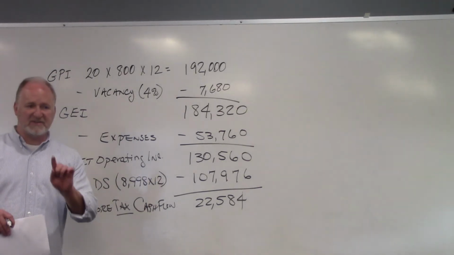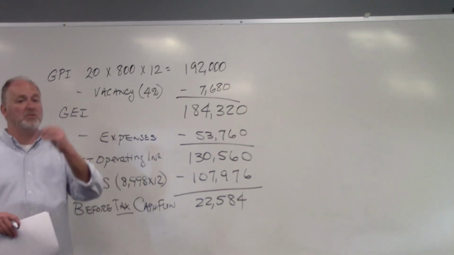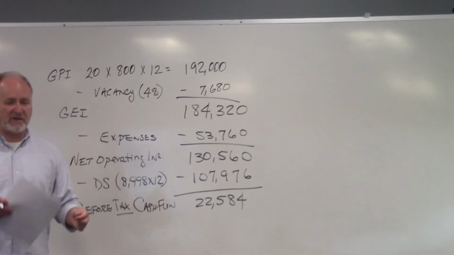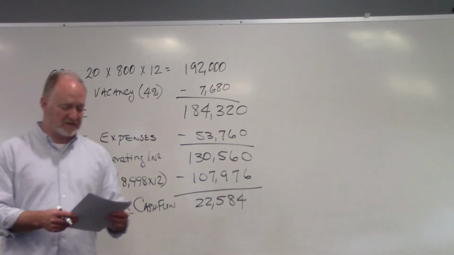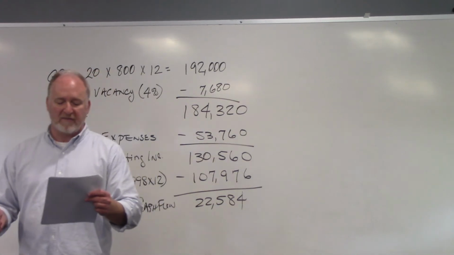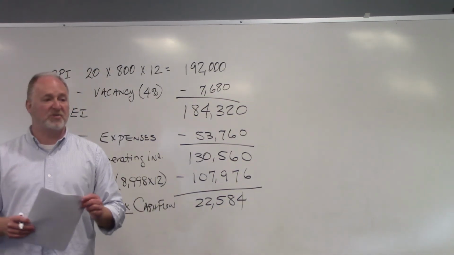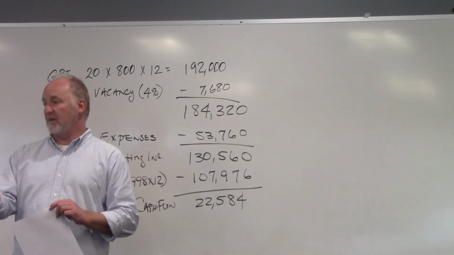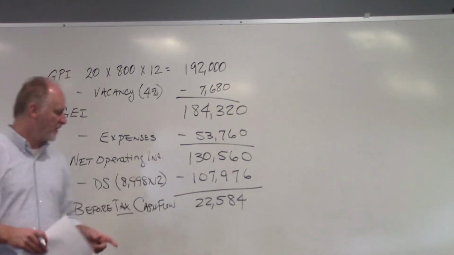Now listen, without even a segue, I want to show you how this problem relates to problem number 21. Notice what problem number 21 says. Using the scenario above, what would be the investor's cash-on-cash return? So just relax your mind for a moment and see what the question is literally asking you for here.